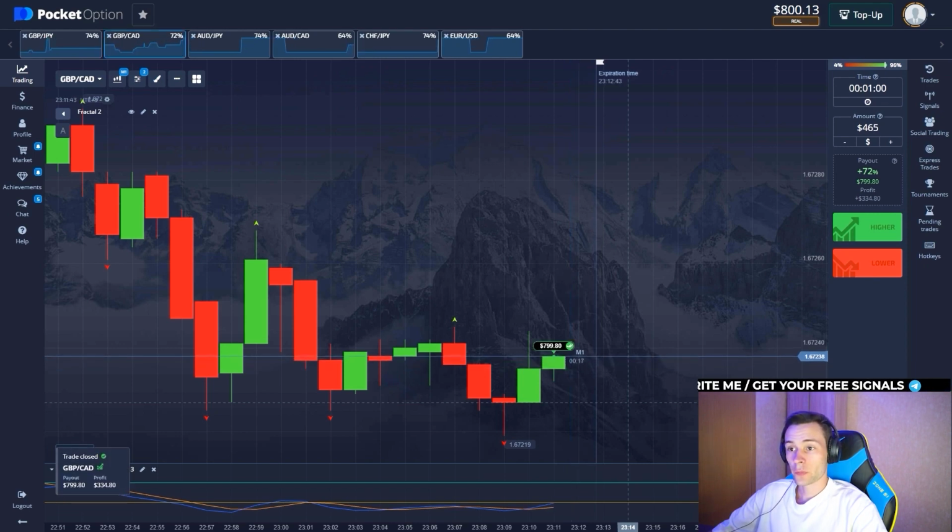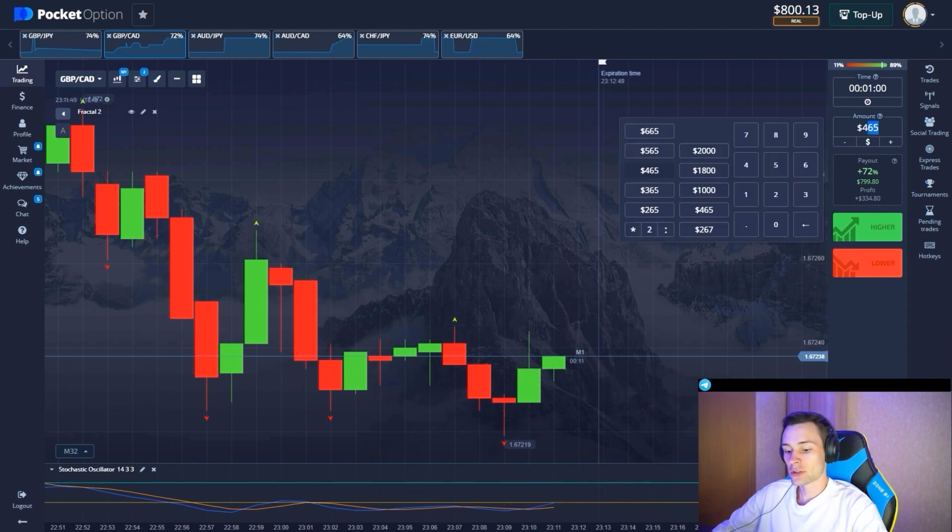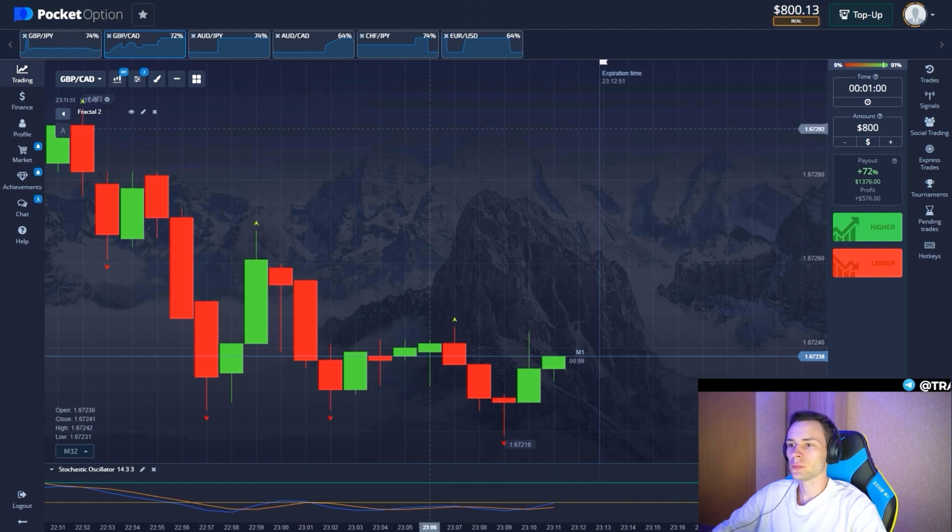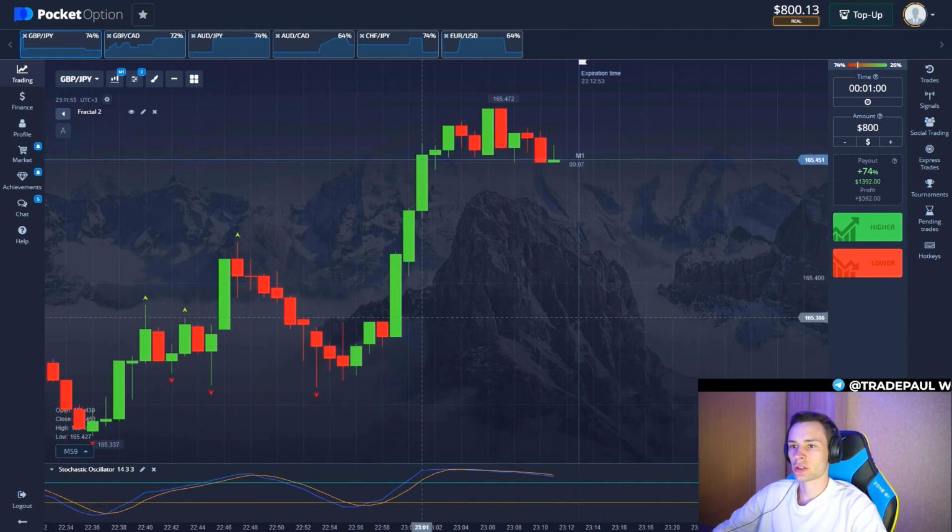And there we go, exactly as I predicted. In the last seconds before the closing, the price broke out. Let's update the trade amount. We're going to continue the trading session.